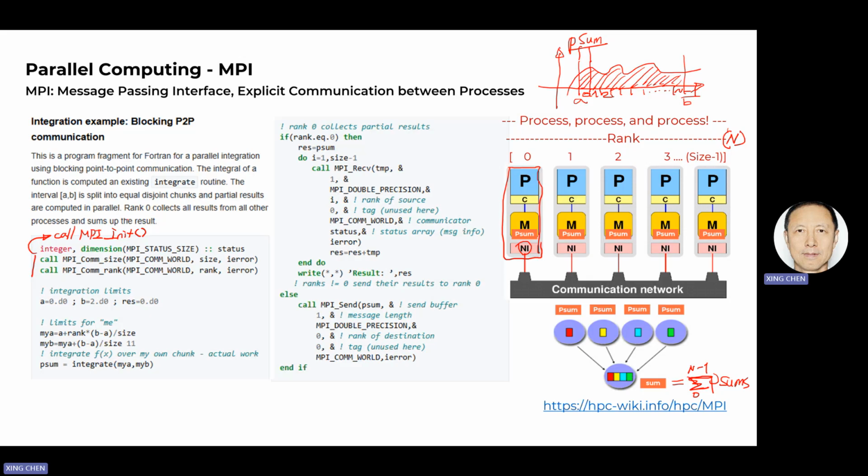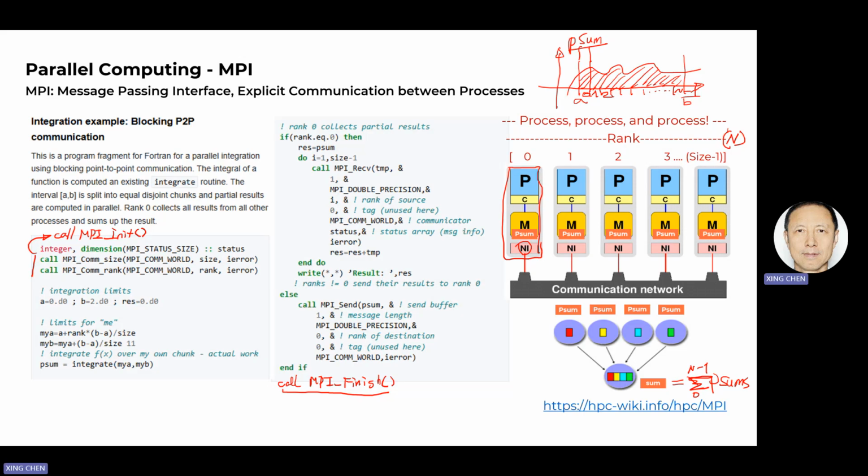And after you have done your work, before the program can stop, you need to call another function, which is called call MPI finalization, finish. This is the last function for MPI code to call to finish this calculation.